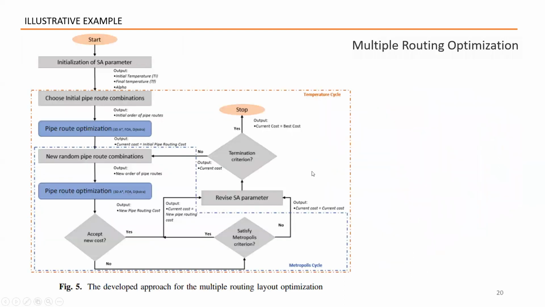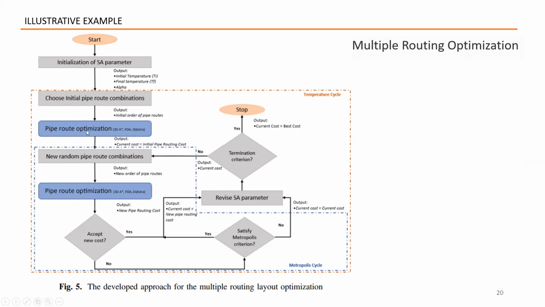This is an overall developed approach diagram for the multiple routing layout optimization. Briefly, start with initialization of SA parameters and choose the initial PEP route combination. So this is the first option.